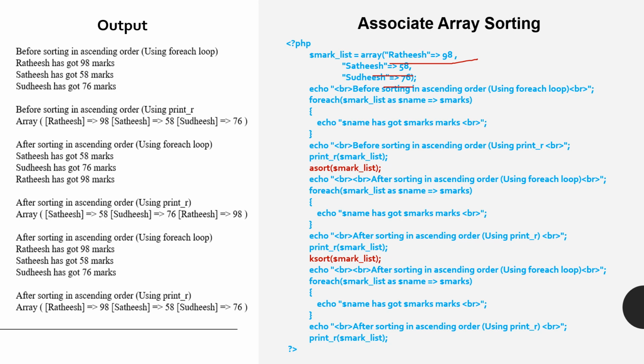So we have this is key, this is value, this is the array name. So what you have to do is specify the array name. What you will get here, first thing is before sorting. Before sorting, it is like this. This has got 98 marks.